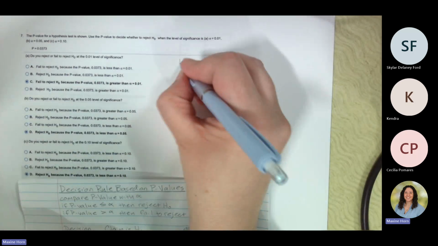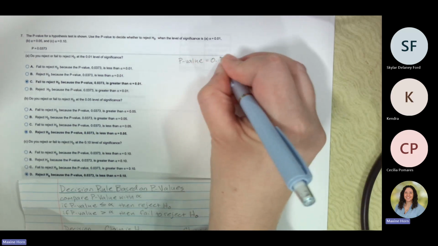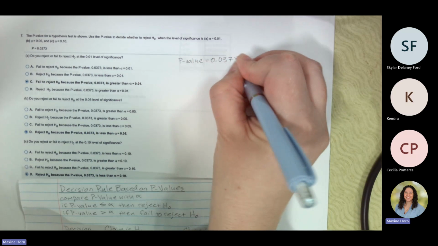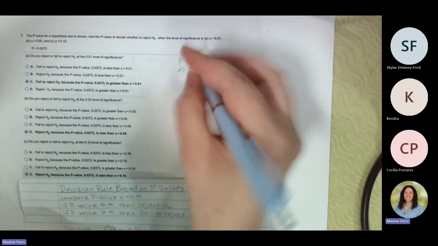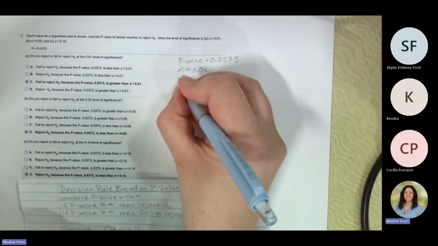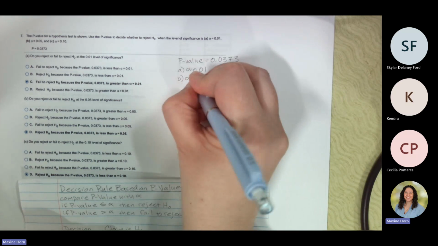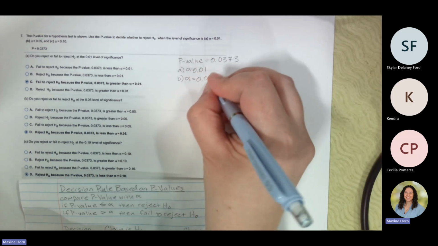It's telling us that our p-value is 0.0373. For A, we're comparing that to an alpha of 0.01. For B, we're comparing that to an alpha of 0.05.